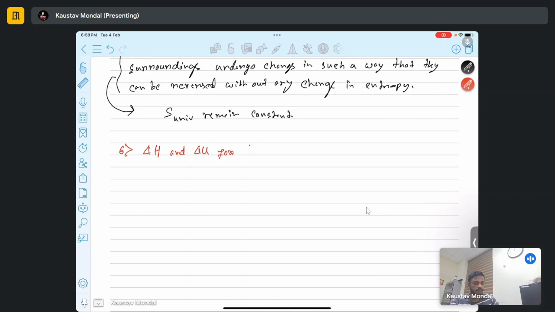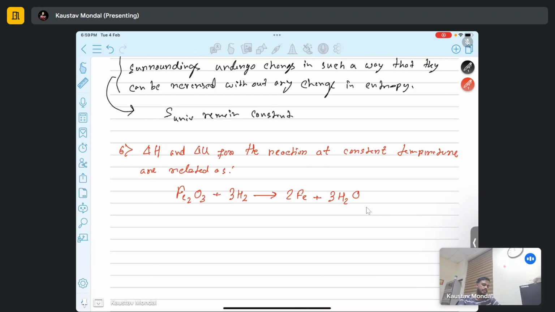These two quantities have to be calculated for a reaction at constant temperature, and they are related as follows. Let me write a reaction first: Fe2O3 reacting with 3H2 gives you 2Fe plus 3H2O. This is the reaction. Just focus on the number of moles used during the reaction.